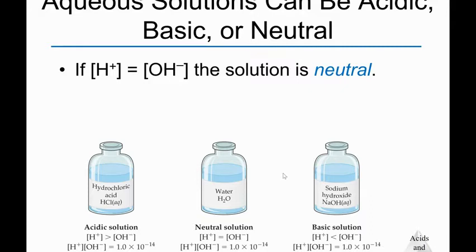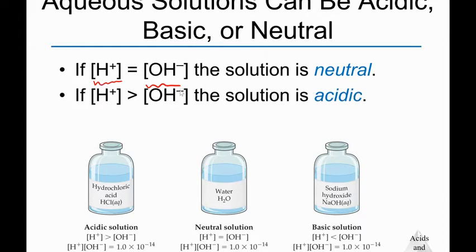One of the ways we can think of it is if the concentration of our hydronium or hydrogen ion is equal to the concentration of our hydroxide ion, we normally say that the solution is neutral.